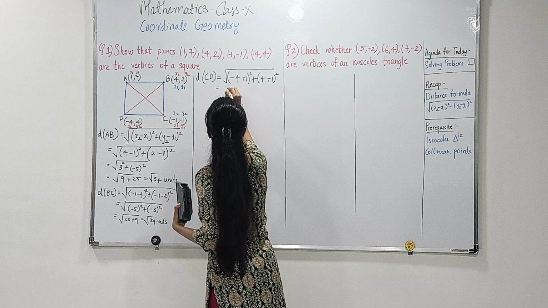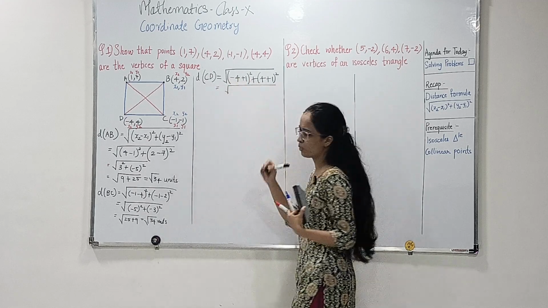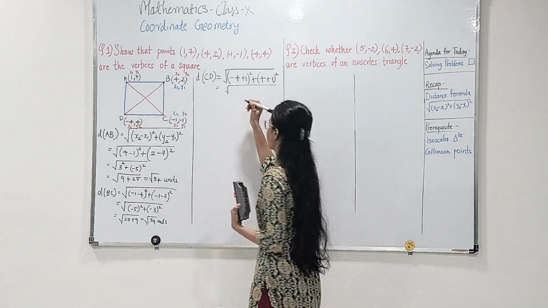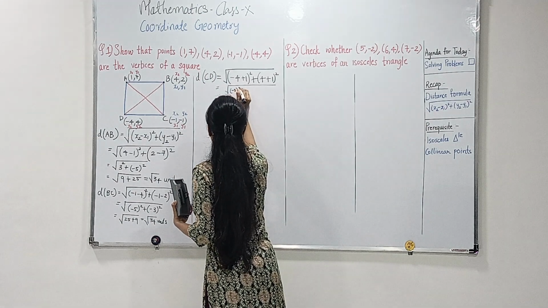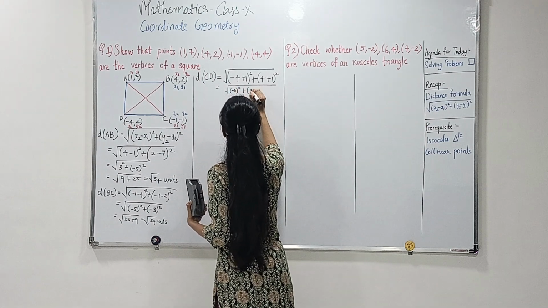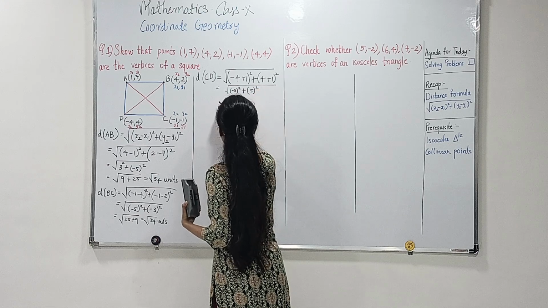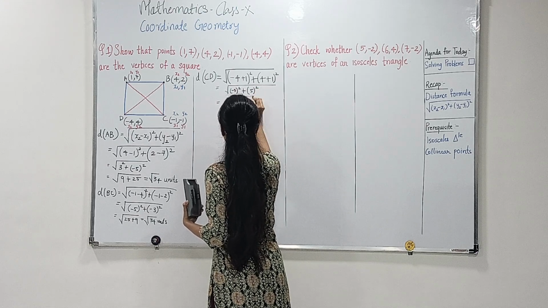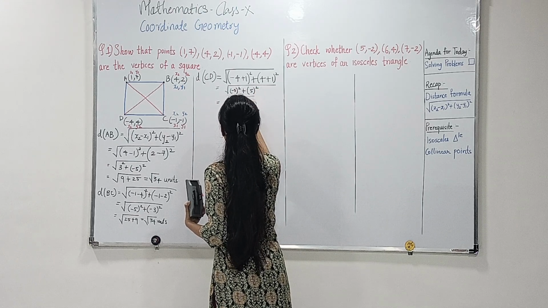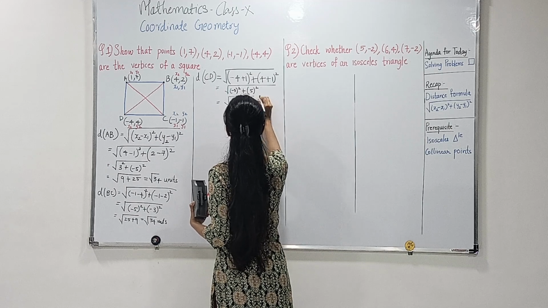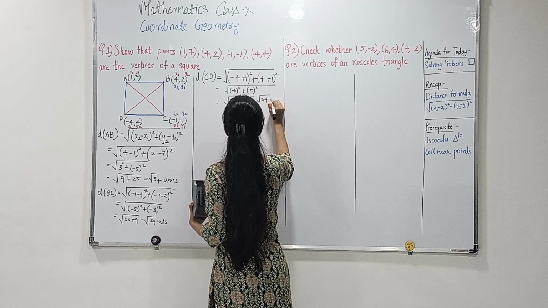So we get under root of minus 4 plus 1 is minus 3, plus 4 plus 1 is 5 the whole square. So that is nothing but 9 plus 25, which is again equal to root 34 units.